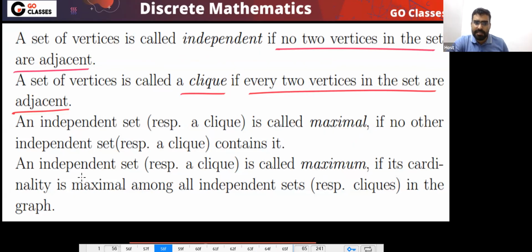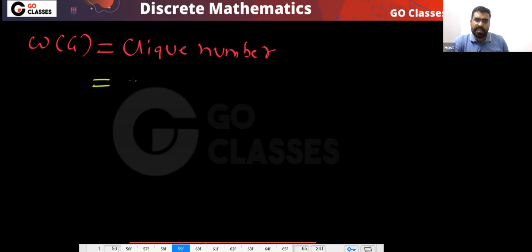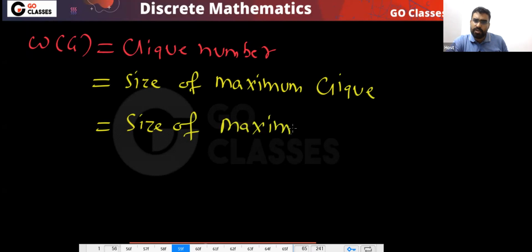Maximum independent set and maximum clique number. So remember, this is omega of G, the clique number. What does this mean? The clique number is the size of the maximum clique, or the size of the maximum complete subgraph.